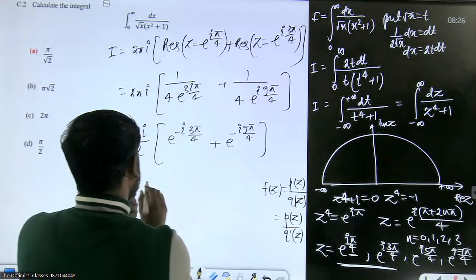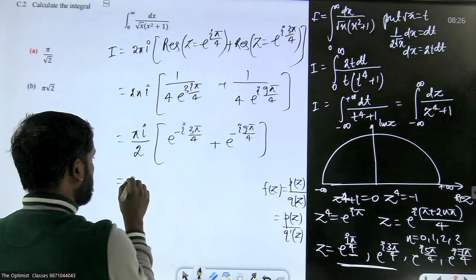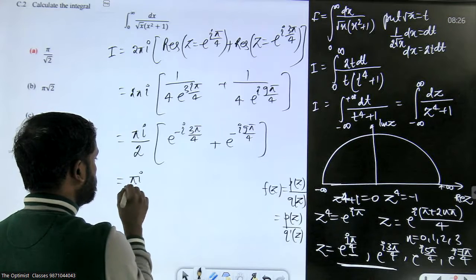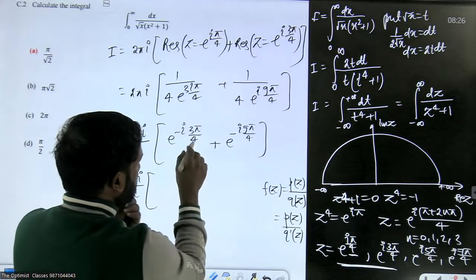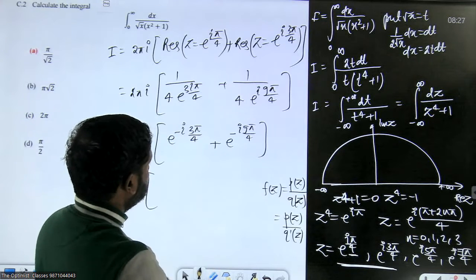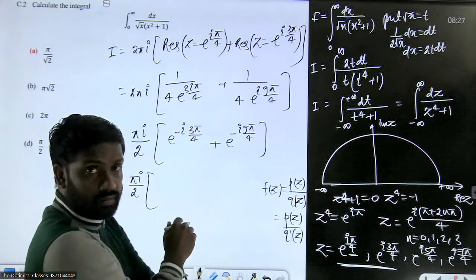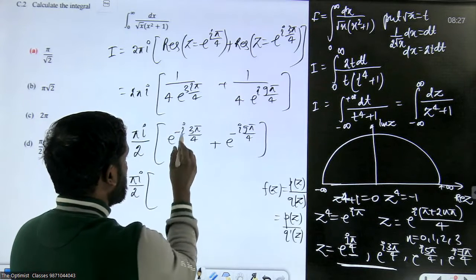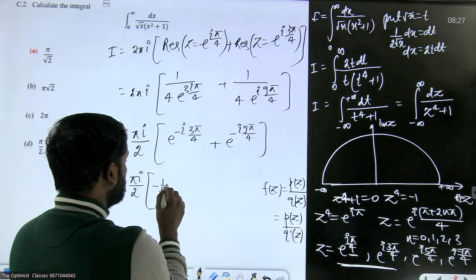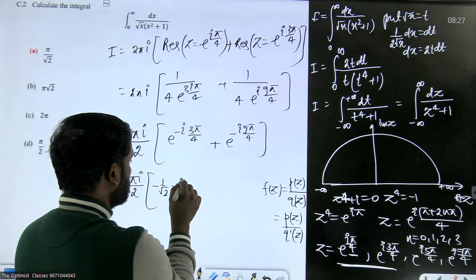So therefore we can write it as e to the pi iota by 2, and this is in the third quadrant. If you calculate it, you get minus 1 by root 2 and minus iota 1 by root 2.